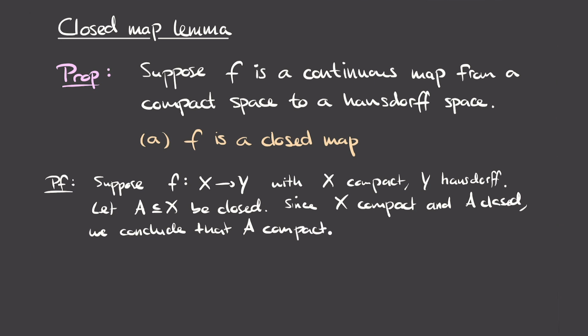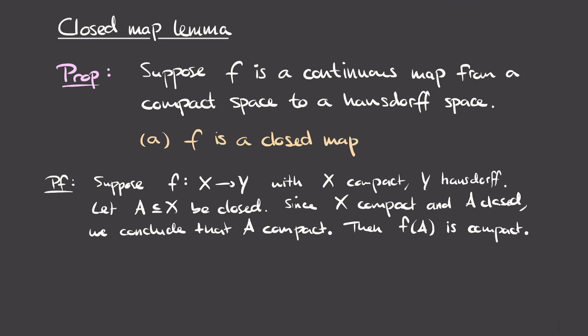Okay. But now, if A is compact, then its image under this continuous map F will again be compact by another property of compact spaces. So then f of A is also compact, since it is the image of a compact subset under a continuous map.